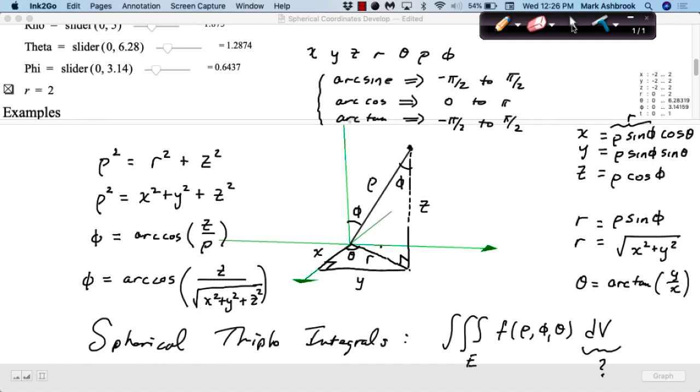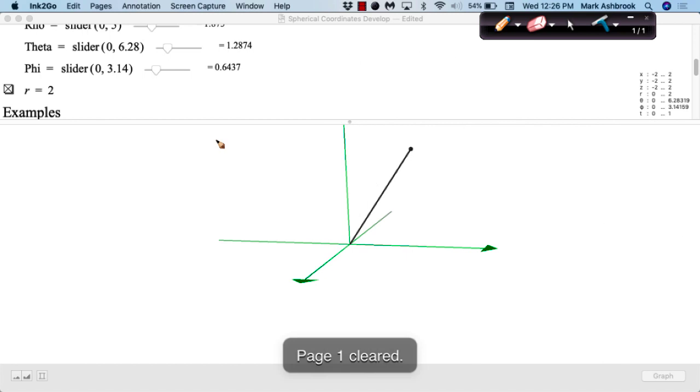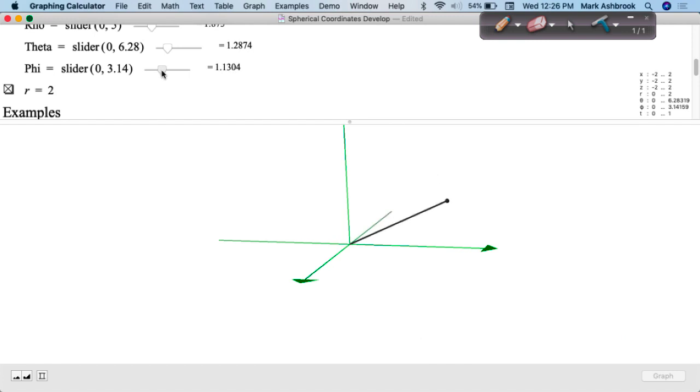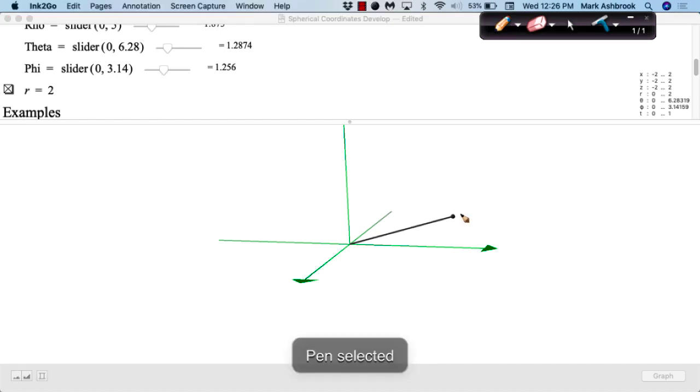Can I erase everything? Okay, so let's put this down a little lower here. To do this, we're going to draw a little element. I'm going to do my best here.